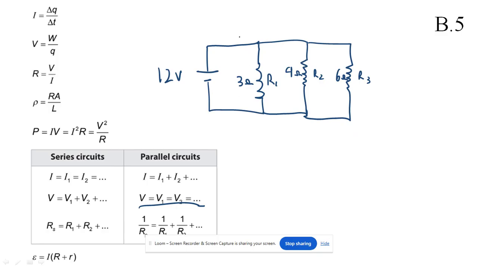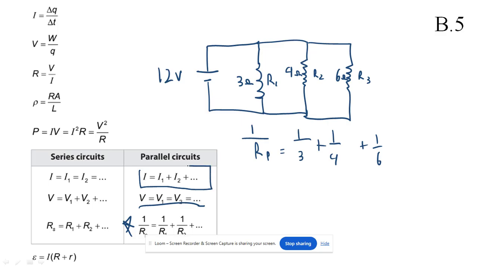Well, the resistance that this sees in parallel is going to be 1 over that resistance, which is 1 over 3 plus 1 over 4 plus 1 over 6. You could figure that out, right? And then the current that the battery draws is going to be literally the current plus the current plus the current, right?